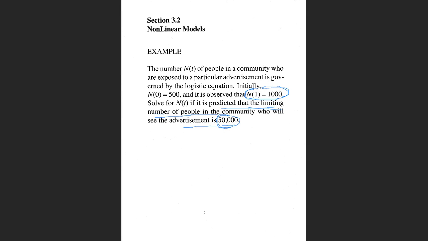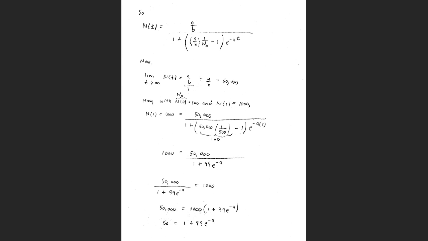Given those two pieces of information, we ought to be able to find the formula for n of t. So doing that, here's what we do. Again, here's the formula for n of t.